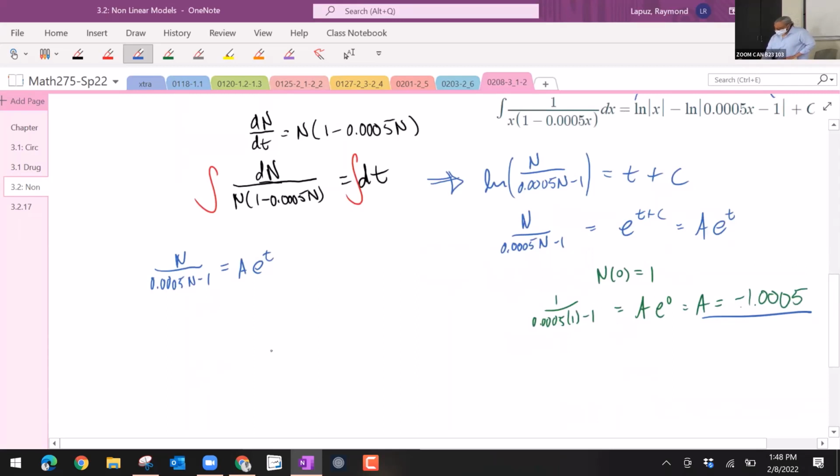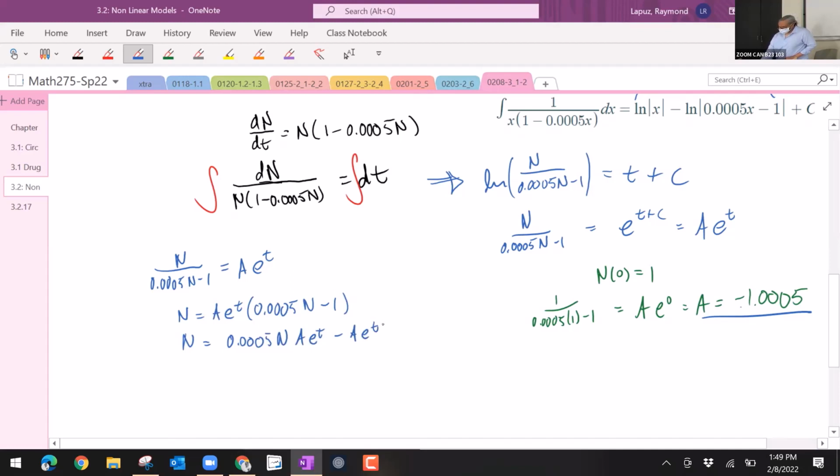So let's multiply both sides by the denominator. 0.0005 n minus 1, distribute: 0.0005 n a e to the t minus a e to the t.